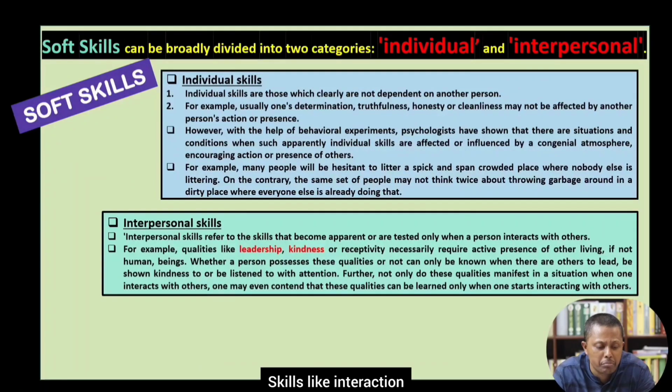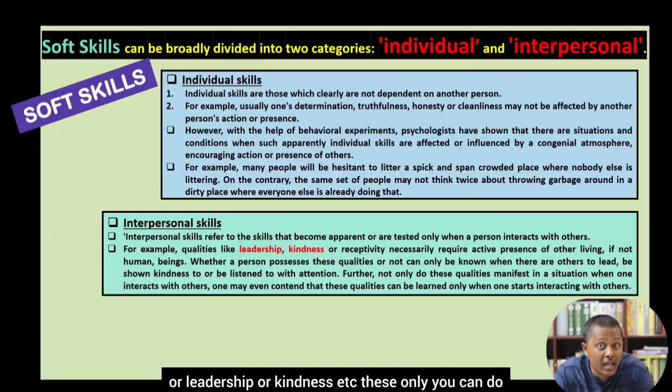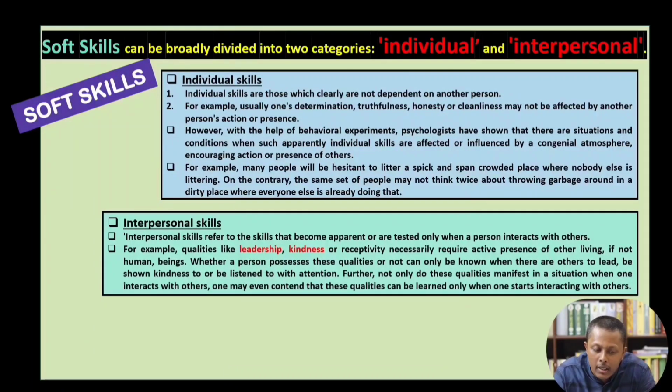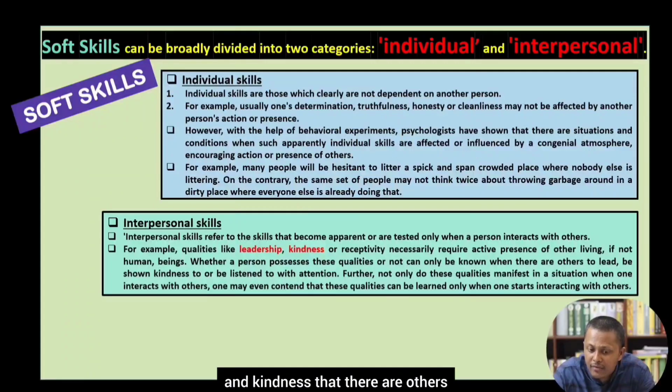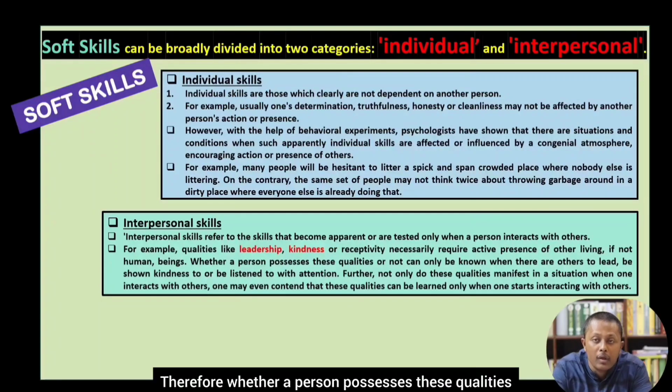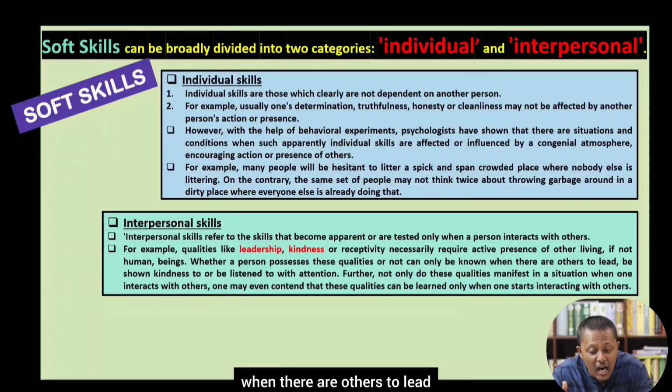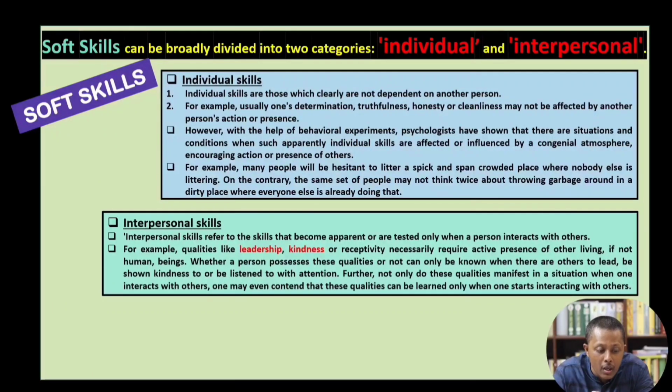So, skills like interaction or leadership or kindness, these you can exercise only when you interact with people. Here, the examples are leadership and kindness, where there must be others to lead. Therefore, whether a person possesses these qualities can only be known when there are others to lead or be shown kindness.